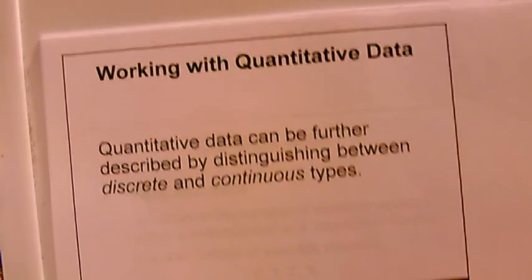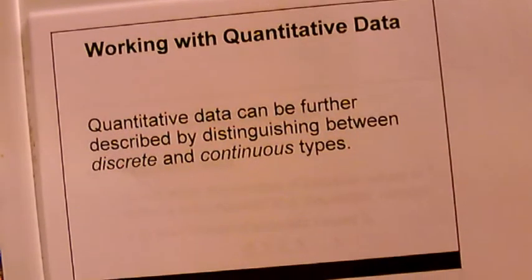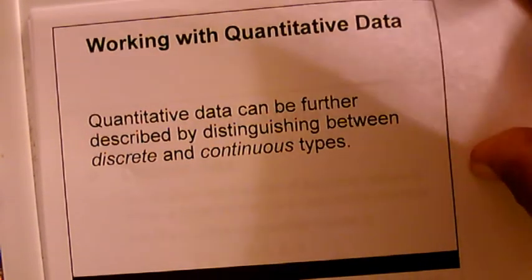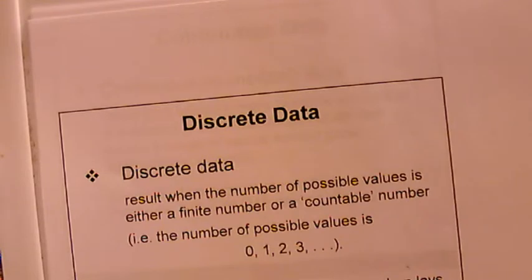Now, with quantitative data, which deals with numbers or counts, quantitative data can be further described by distinguishing between discrete and continuous types. So quantitative data can be broken up into two kinds, discrete or continuous. So what's the difference between those two?